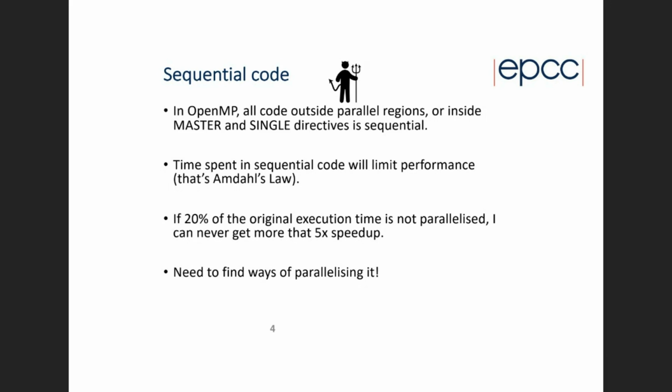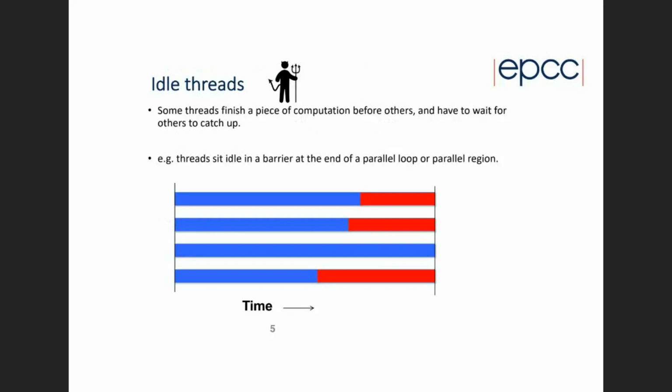So if you again think about where the overheads are going, what's happening is that all but one thread are sitting there idle, doing nothing outside of parallel regions, or if there's a master or single directive. But we can also have idle threads inside parallel regions, and there can be a number of different scenarios that cause this.